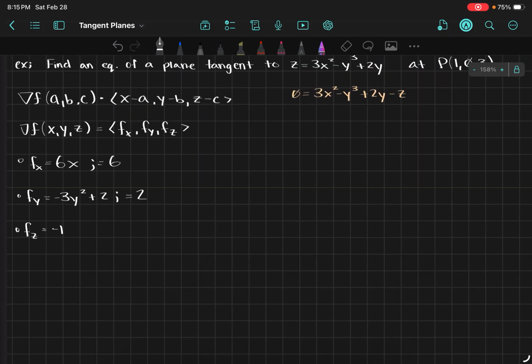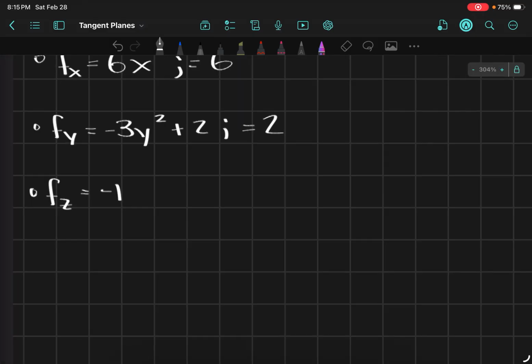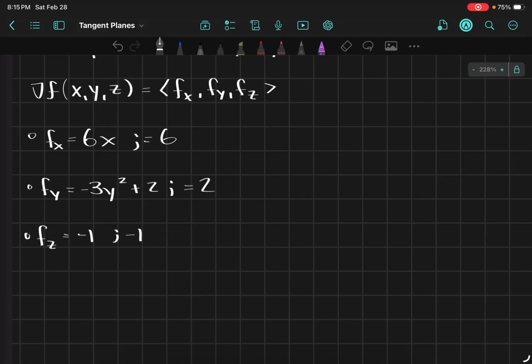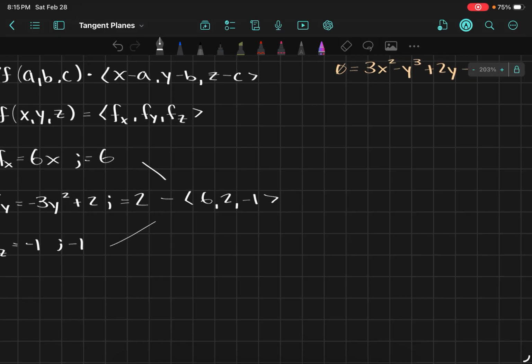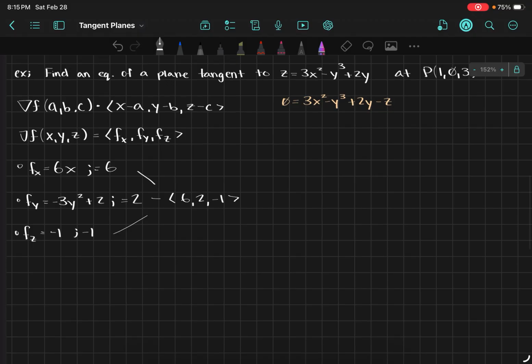And finally, we don't even have a z variable inside our partial for z, so this just stays the same, negative 1. So our gradient at that point (a, b, c) is the vector (6, 2, negative 1). That is our gradient at f of (a, b, c).